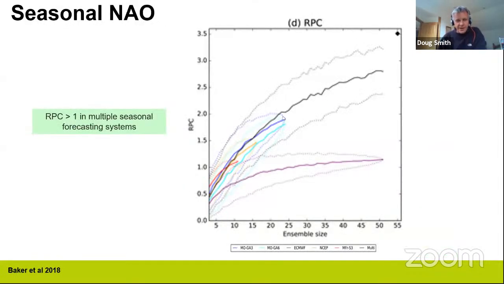Okay, so I've highlighted decadal scale predictions so far, but this issue is also seen on other timescales. It was first seen actually in seasonal forecasts of the North Atlantic Oscillation, the NAO.